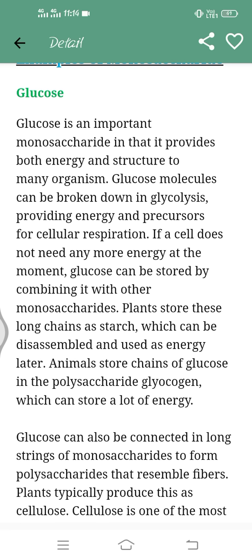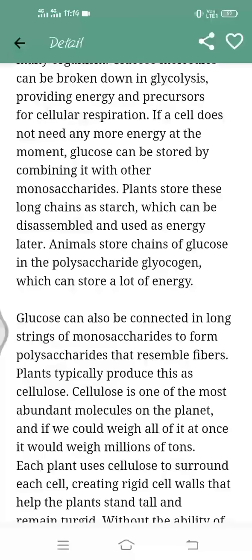If a cell does not need any more energy at the moment, glucose can be stored by combining it with other monosaccharides. Plants store these assemblies as energy. Animals store chains of glucose in polysaccharides, which can store a lot of energy. Glucose can also be connected into long strings.